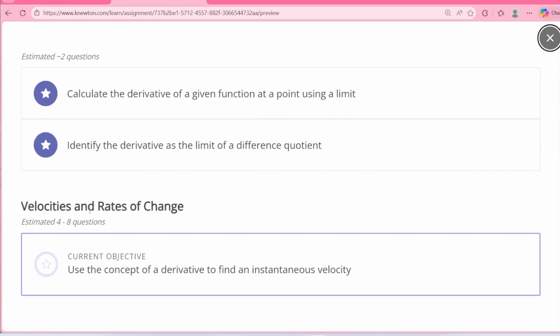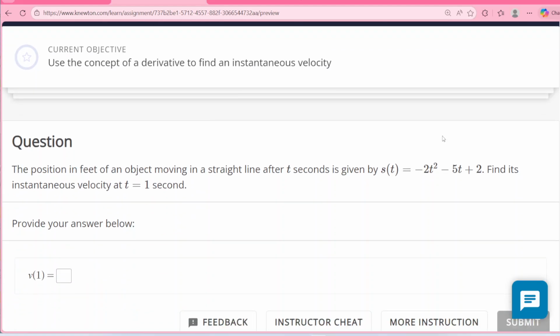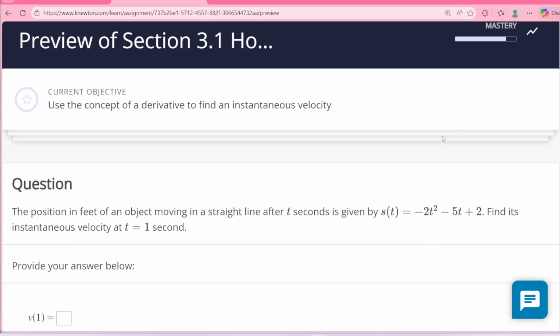So finally, we have velocities and rates of change. The only objective left is: use the concept of a derivative to find an instantaneous velocity. So let's go over that concept real quick.